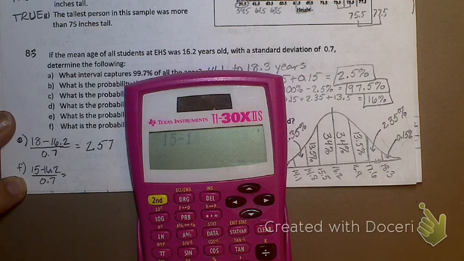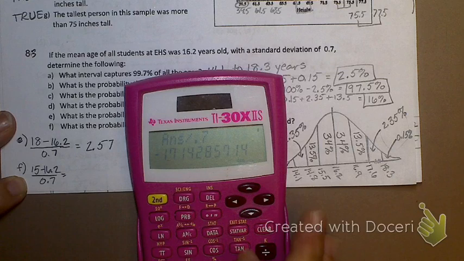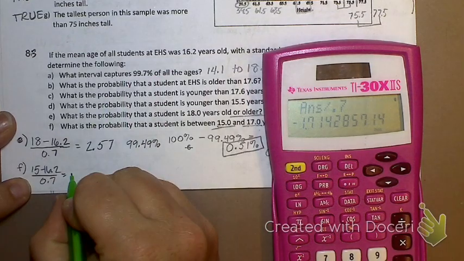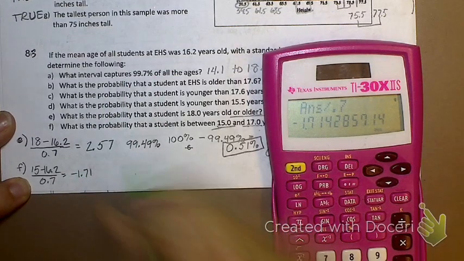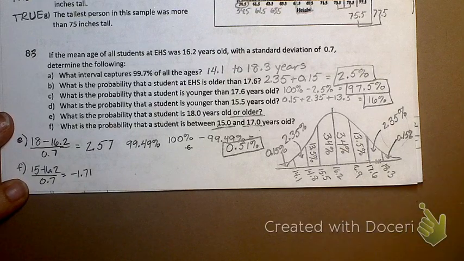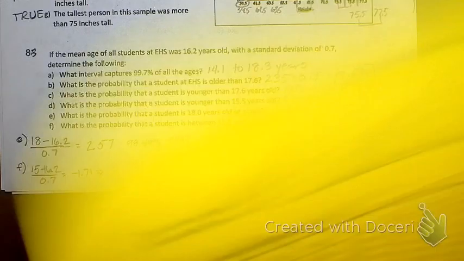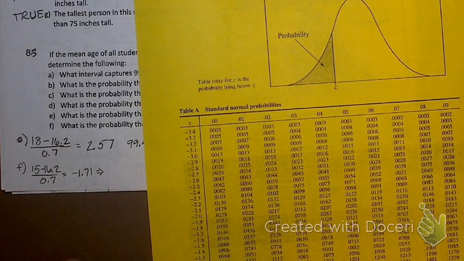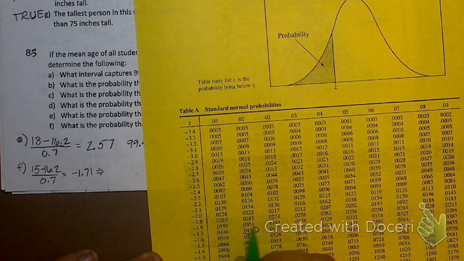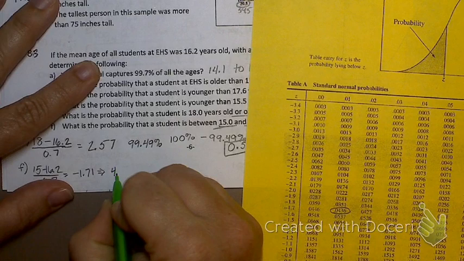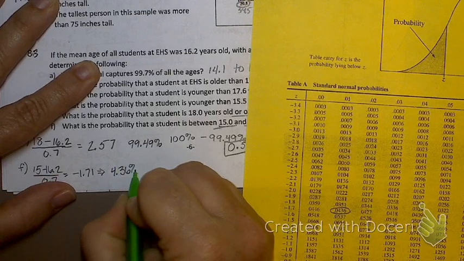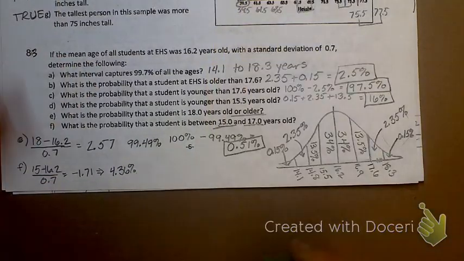Negative 1.71. And on the z-score table, that translates to what? Negative 1.71 is right here. That's 4.36%. So far, so good.